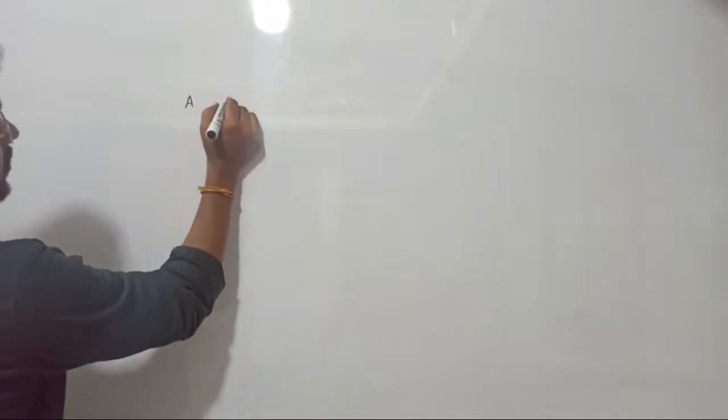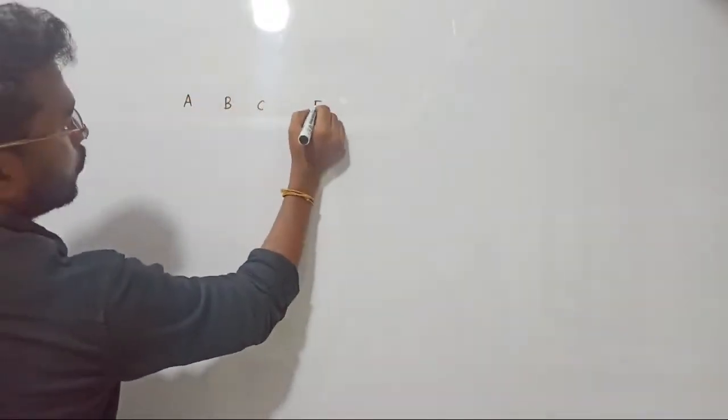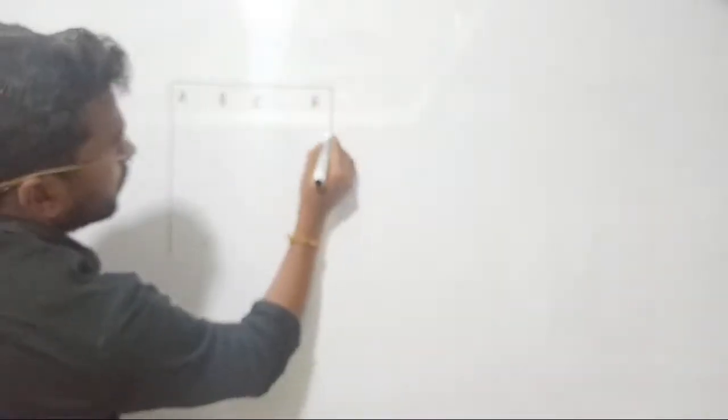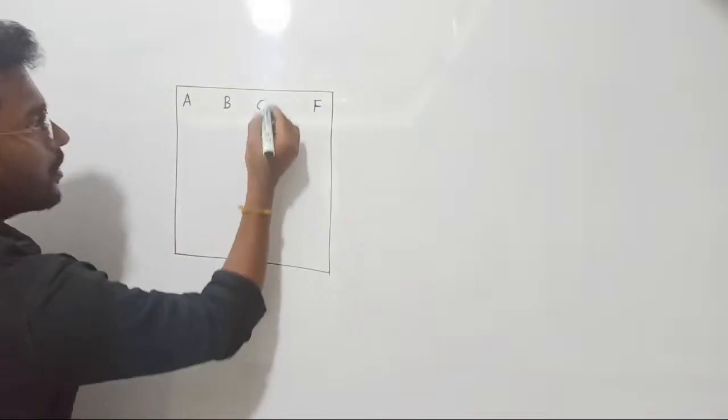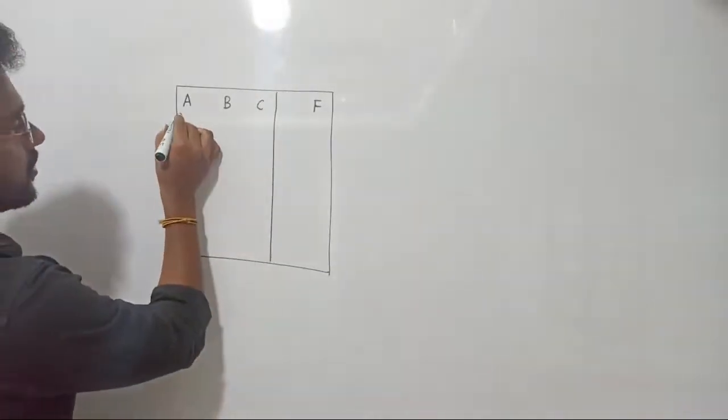In the truth table, they are considering A, B, C, and the output variable F, such that we have to consider 8 possibilities.